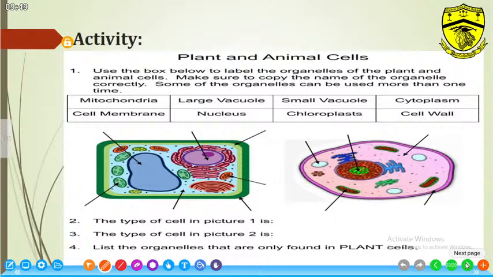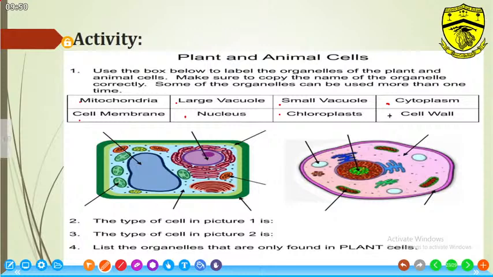Some of the organelles can be used more than one time. The options are mitochondria, large vacuole, small vacuole, cytoplasm, cell membrane, nucleus, chloroplast, and cell wall.